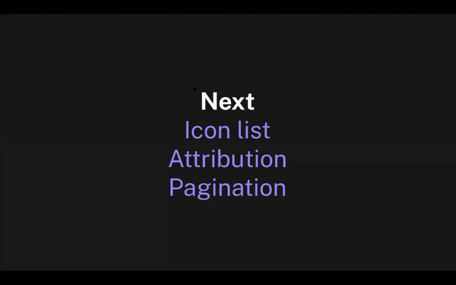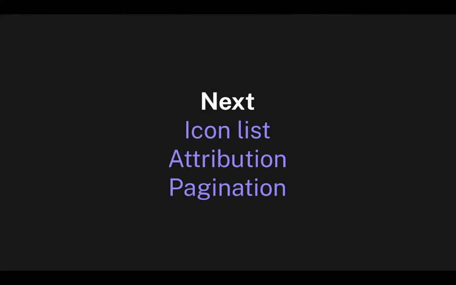So just as Mitch said, one of the things we have coming up next is icon list. We're also working on a component for attribution, for connecting content to its original source, and also for its publication dates and update dates.